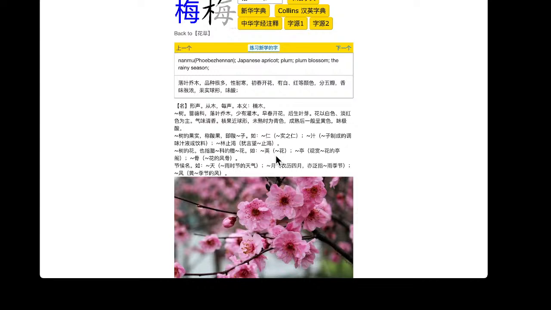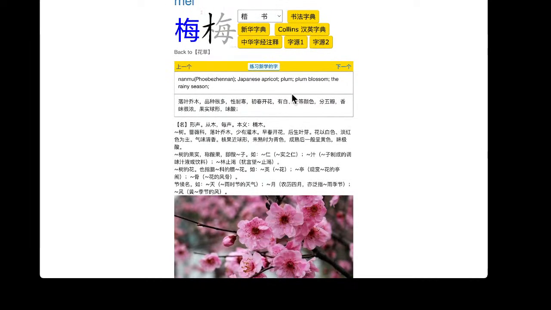And then at that time this flower blossoms, and so that's why they use this to refer to the rainy season. Okay, it's called 梅雨季节黄梅天. That's how they call them, particularly in the southeast part of China.